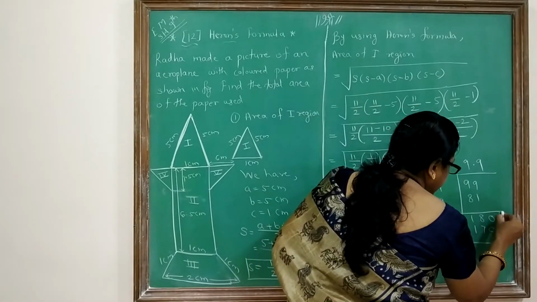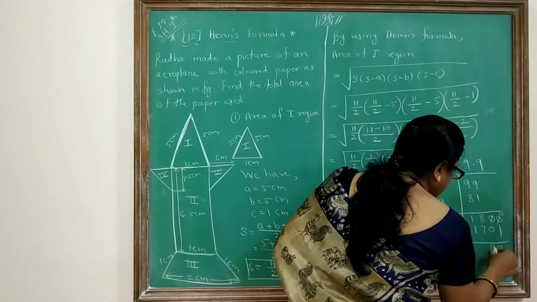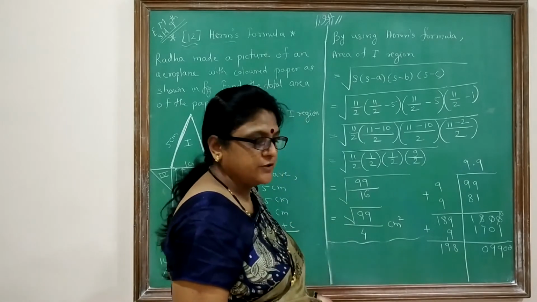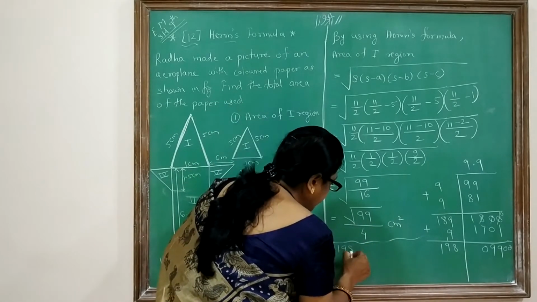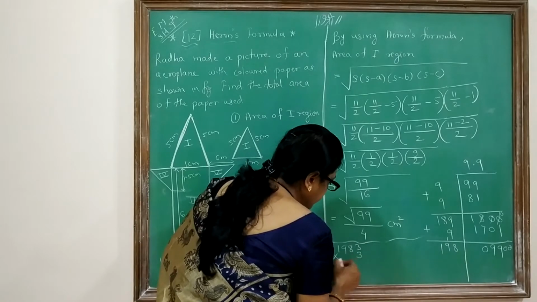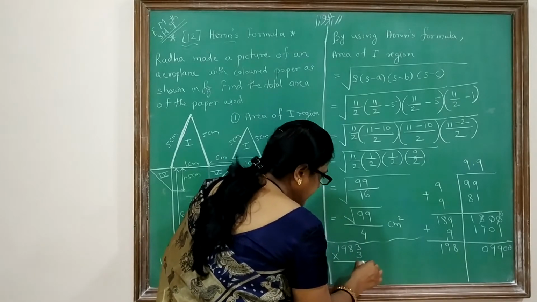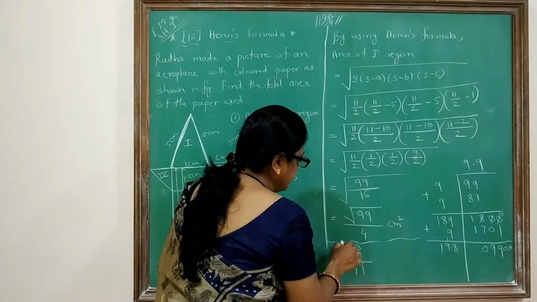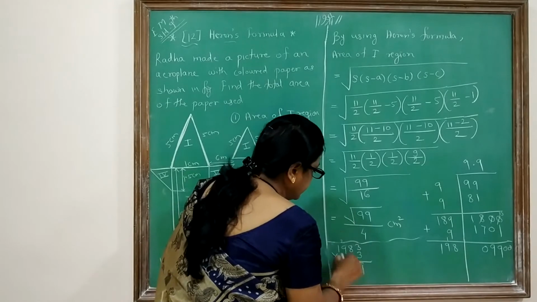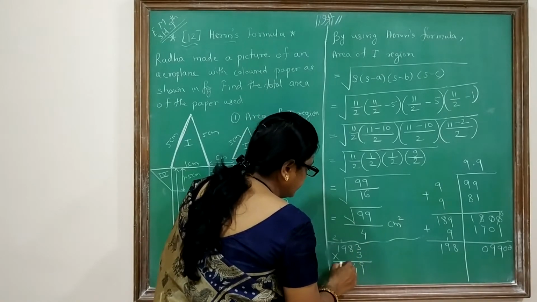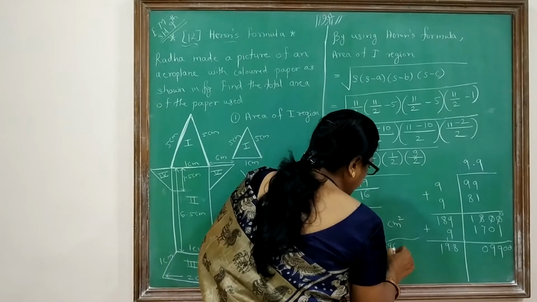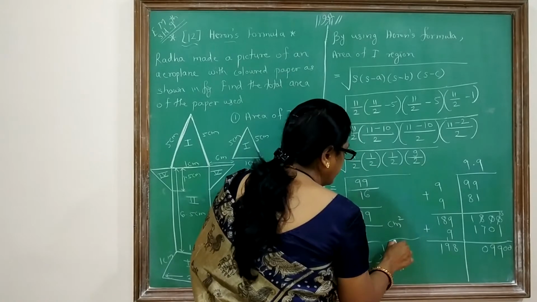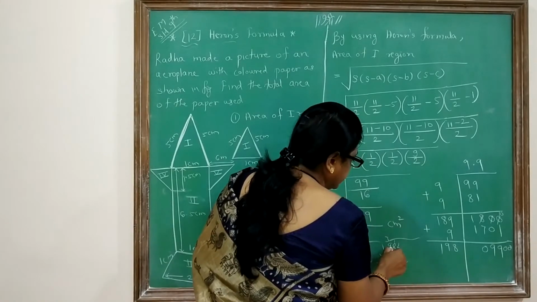Then 10 minus 1 is 9, and again you will take the two zeros, that is 9900. Then 1983 multiplied by 3, that is 3 threes are 9, 8 threes are 24, 9 threes are 27. Then 1984 multiplied by 4, that is 4 fours are 16, 8 fours are 32, 9 fours are 36.